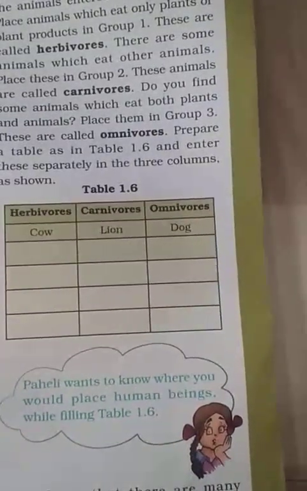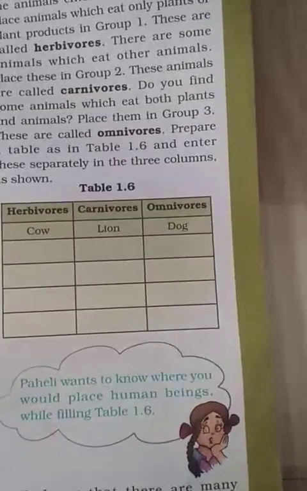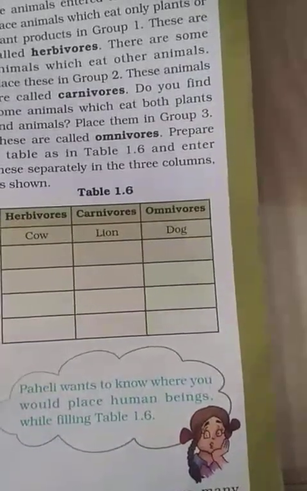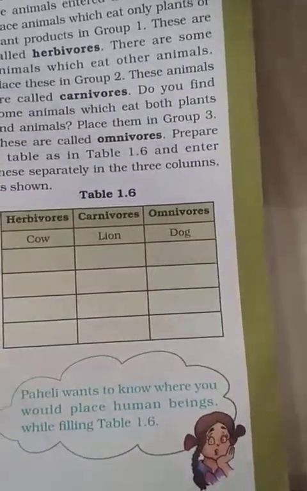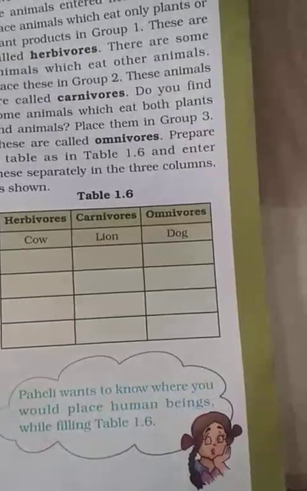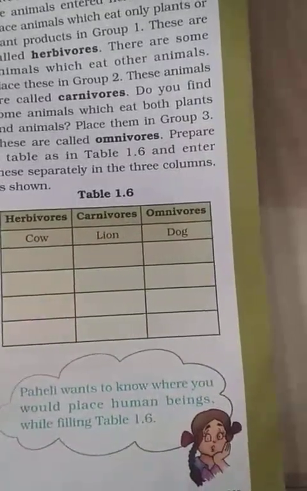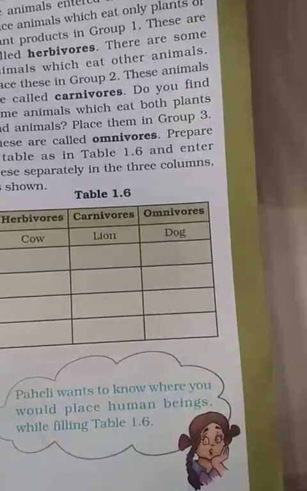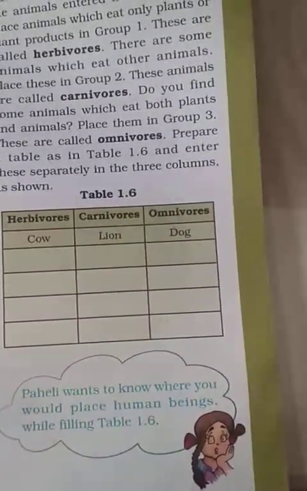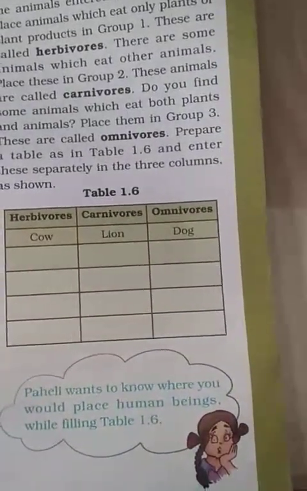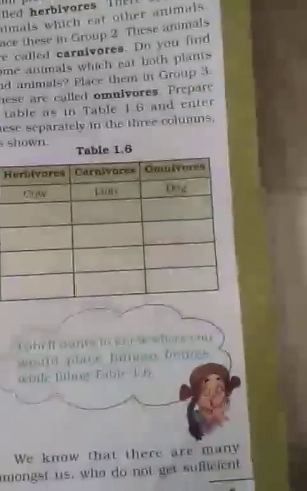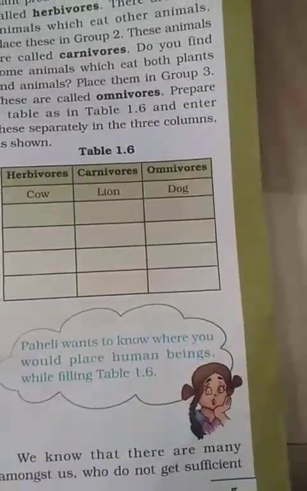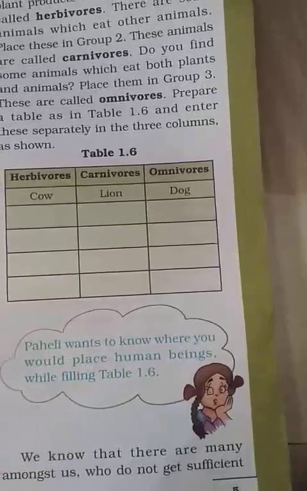Now Paheli is wondering where we, the human beings, are to be classified. Are we herbivorous, carnivorous or omnivorous? The human beings are omnivorous, as human beings eat plant products also and animal products also.